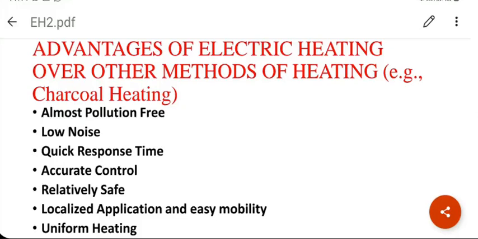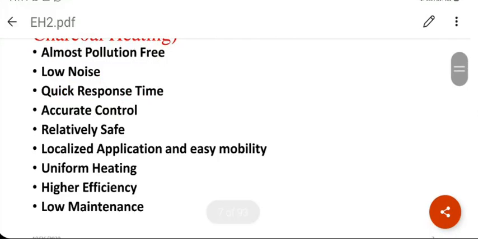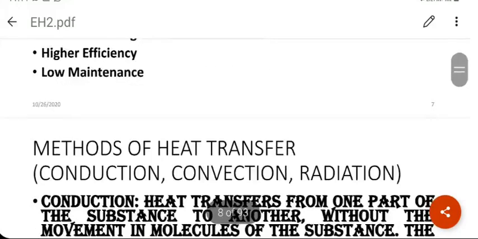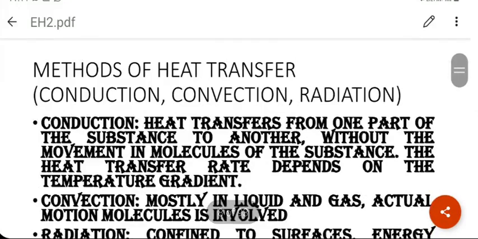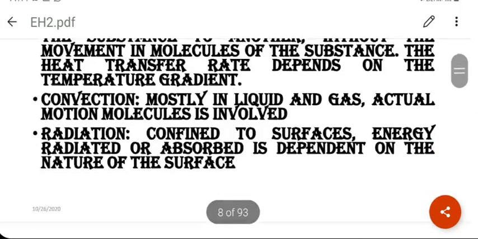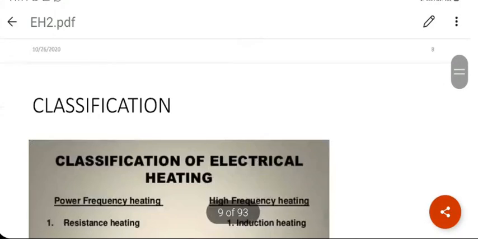Heating is more uniform in case of electric heating compared to other methods. Efficiency is better. Maintenance is much lower here. This we have seen already, so I'm not going to talk too much about it. Conduction, convection, radiation, we have seen the equations for all this.